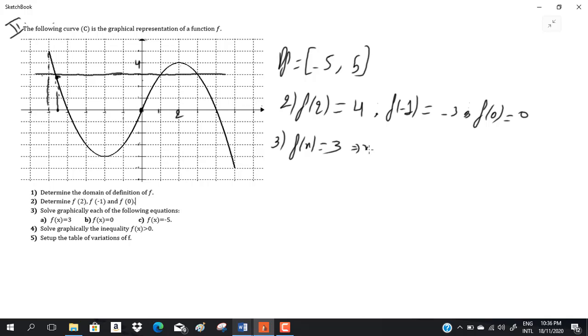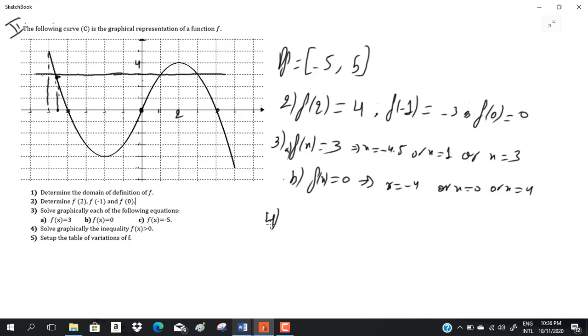So x equals -4.5, or x equals 1, or x equals 3. Part B. This was part A. F of x equal to 0 is at the points of intersection with the x-axis. X equal -4, or x equal 0, or x equal 4.